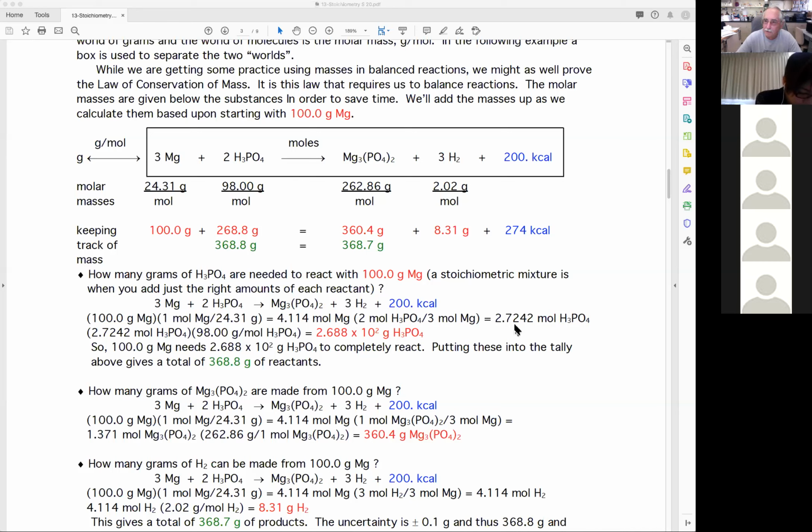But we're not done yet because the question is asking for how many grams of phosphoric acid. So we went from here into their world, and then we went from magnesium into phosphoric acid. Now we have to come back out and convert that moles into grams. So here I did that using the molar mass for phosphoric acid, and here's the answer.